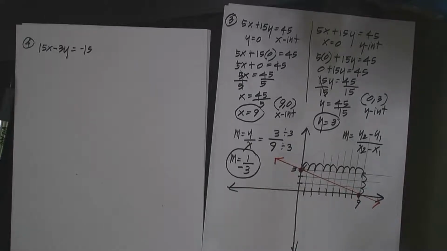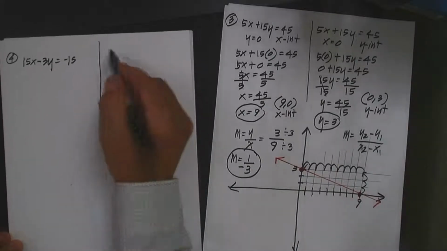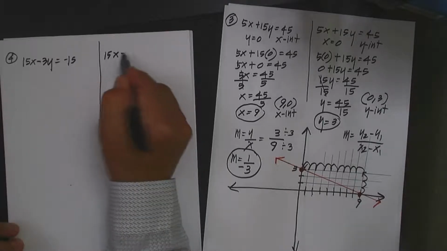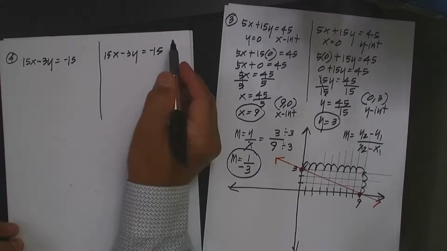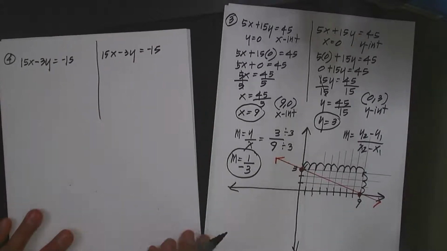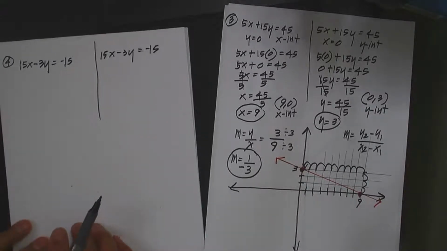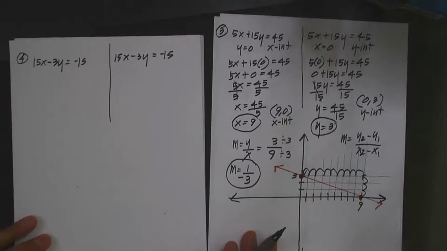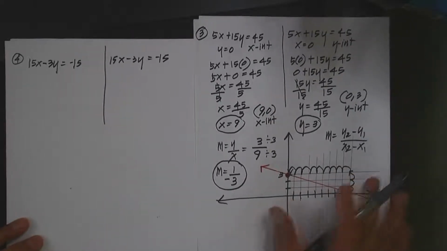What should I do? Anybody can tell me what should I do first? Okay, so you have 15x minus 3y is equals to negative 15. Okay, now what will be my next step? Just checking, guys. Just want to make sure that you know what you're doing. Tell me.